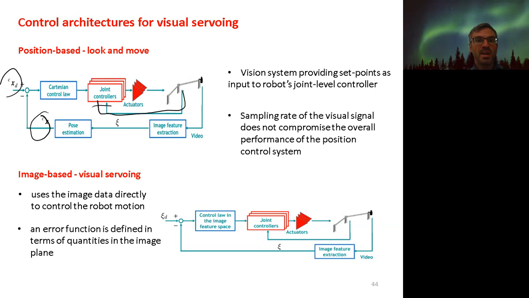From the kinematics, we map this error into joint commands. And in this case, of course, the rate at which the visual information comes is crucial, because if you have delays, you can have instabilities because you're closing the loop at the image level.